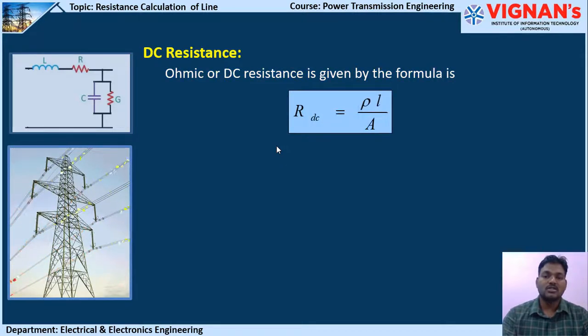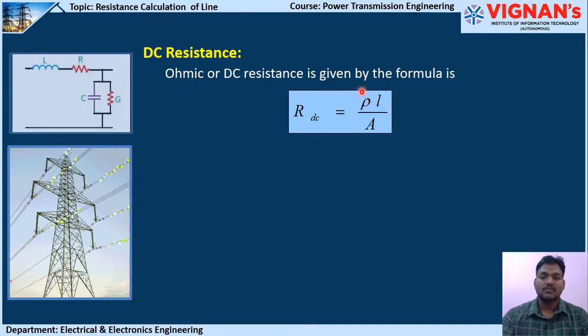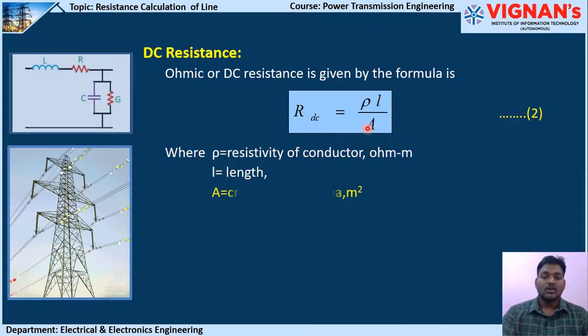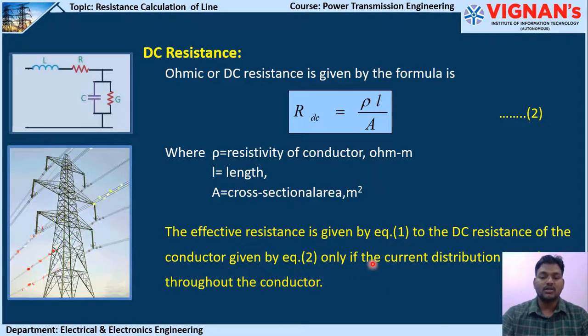Ohmic or DC resistance is given by the formula R is equal to rho L by A, where rho is called the specific resistance or resistivity, L is the effective length of the conductor and A is the cross-sectional area of the conductor. The effective resistance given by AC in equation 1 and by DC in equation 2 will be the same only if the current distribution across the cross section of the conductor is uniform.